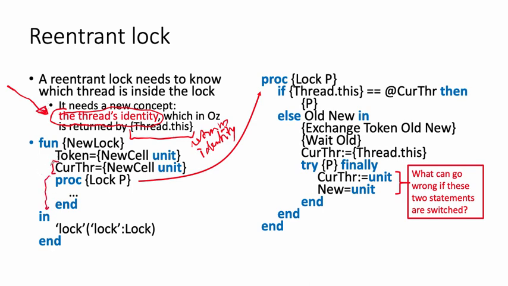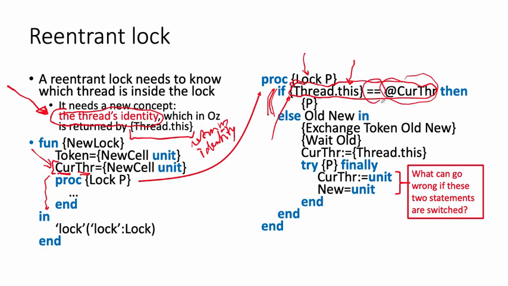We need a second cell, which here I call current thread, which tells me which thread is in there right now. And in lock, I have to put in an extra thing here. When I enter the lock, when I'm trying to get in, I will start by comparing the current thread with the identity of the thread that's trying to get in.